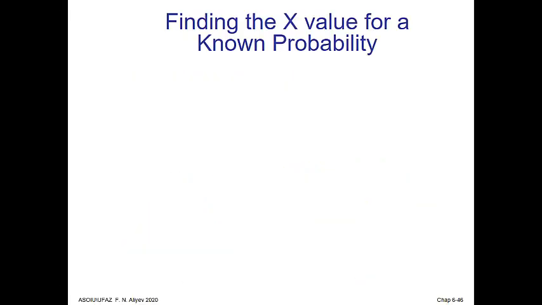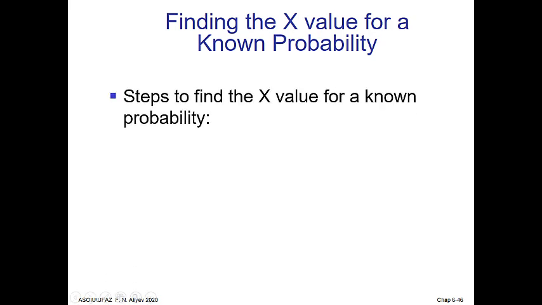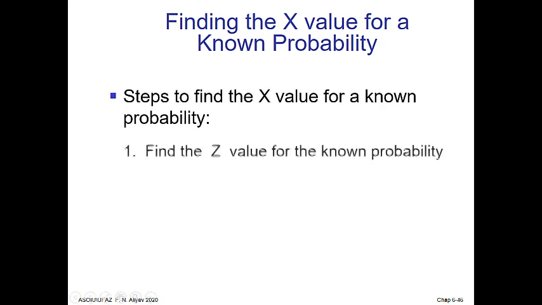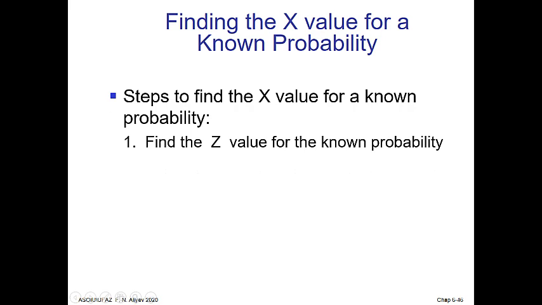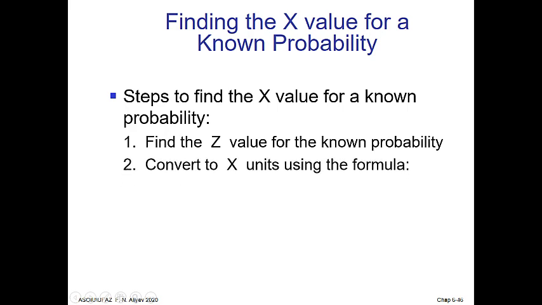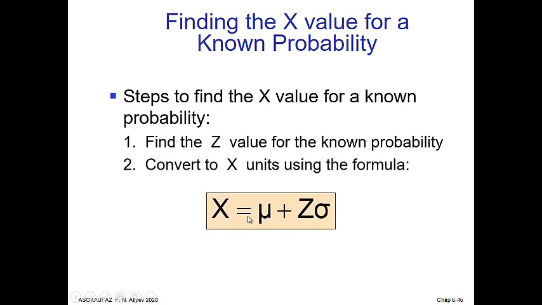Now we will do the reverse: we will find x values using a given probability. Here are the steps for this process. First, find the z value for the known probability. Second, convert to x units using the formula.